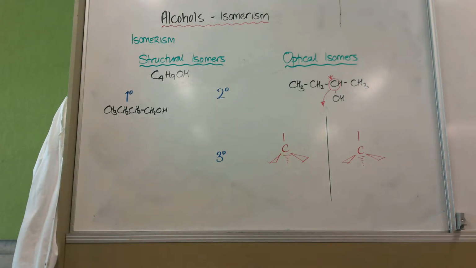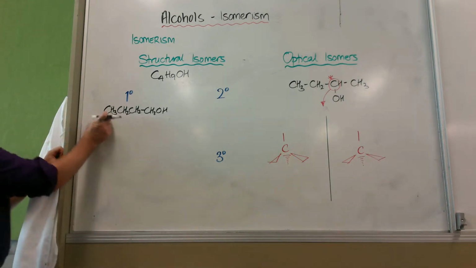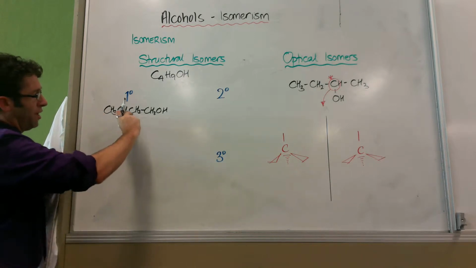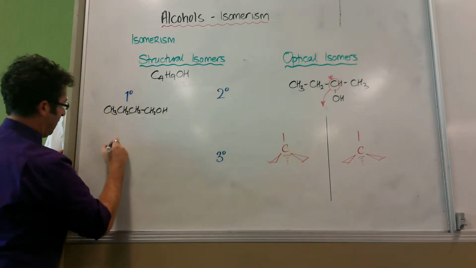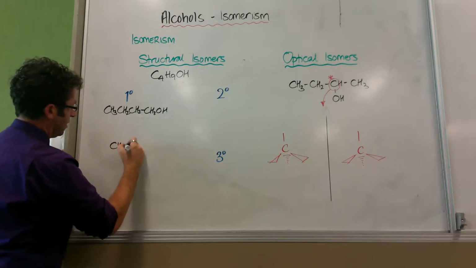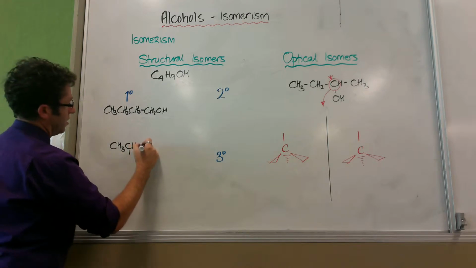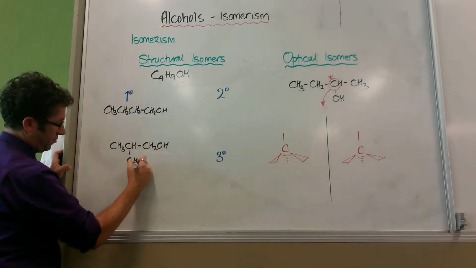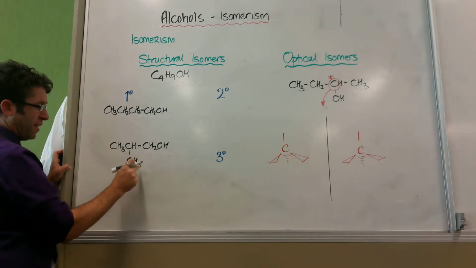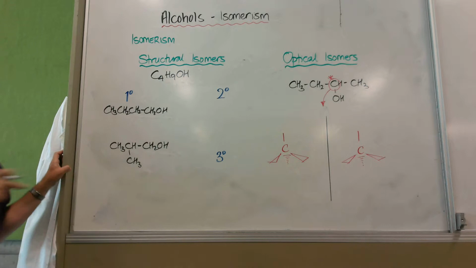Both are correct names. There is actually another primary one that we could have here. We could move the CH3 and put it on that carbon, and it will make a new molecule. So I can have CH3, CH, CH2OH, and this still has 9 hydrogens and an OH group.